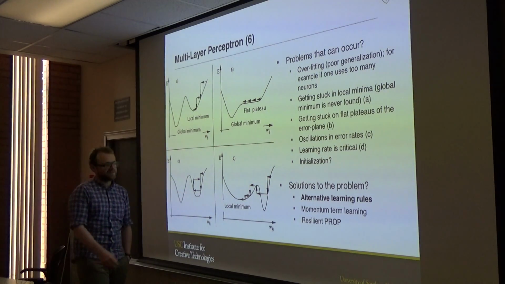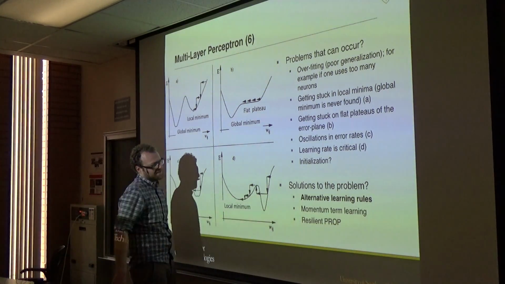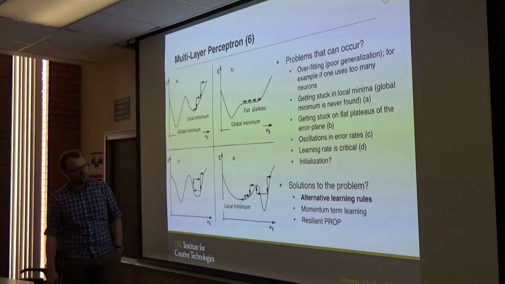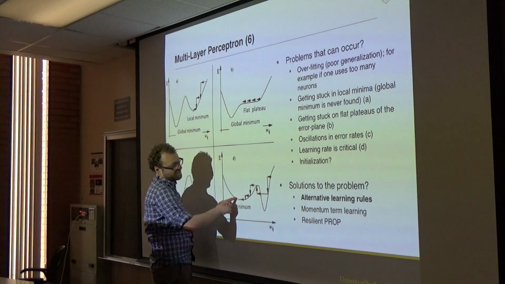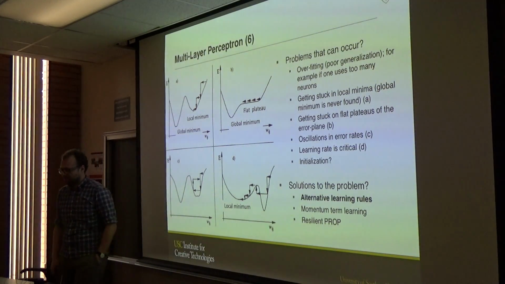And the last one is, if again your learning rate is too large, you might jump over the global optimum and just find a local optimum because of that.